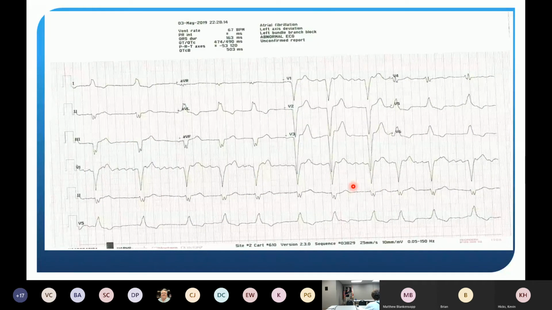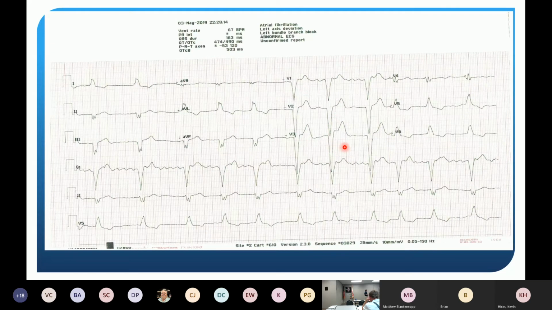So let's look at this one now. So rate's okay. I'm looking at injury patterns. We kind of talked about that. So now we know our QRS is wide. It's 163. All right. I got a Q wave in I, no Q in aVL. So this is a left bundle branch block. So now I'm going to say, is this ST change in V1 through V4 concerning or not? I got discordance in V2 and 3, and it's not more than 5 millimeters.